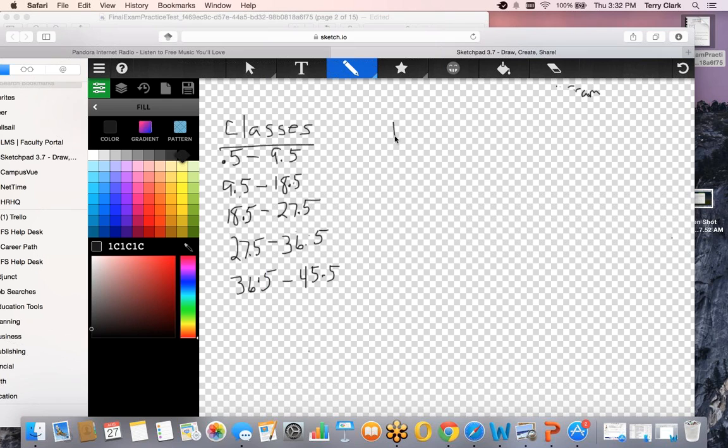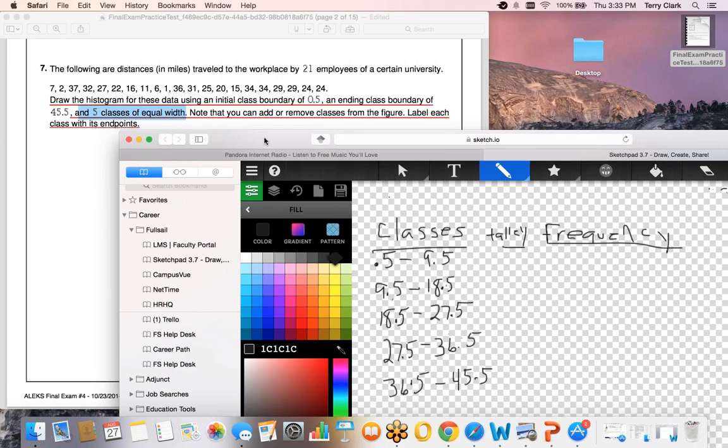So we're going to look at our frequency. And before the frequency, we'll put in tallies. The tallies are just to help us count them up. Okay, so that's the way we're going to do it.